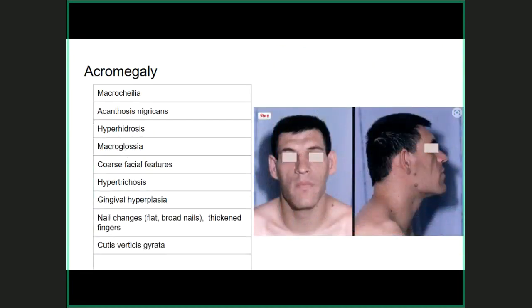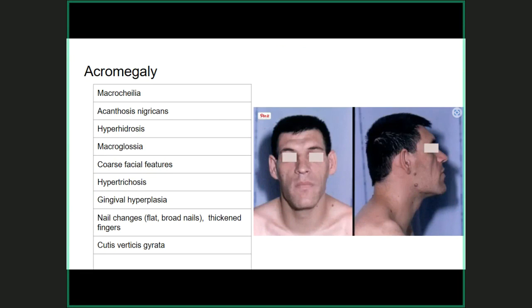All right, acromegaly. Most of us are pretty well versed on paper when we read about acromegaly. We all know that it causes macroglossia, thickened lips, acanthosis nigricans, increased sweating, large tongue, coarse facial features, hypertrichosis, gingival hyperplasia, which causes increased spaces between the teeth, nail changes, thickened fingers, and there's a much less known condition called cutis verticis gyrata.